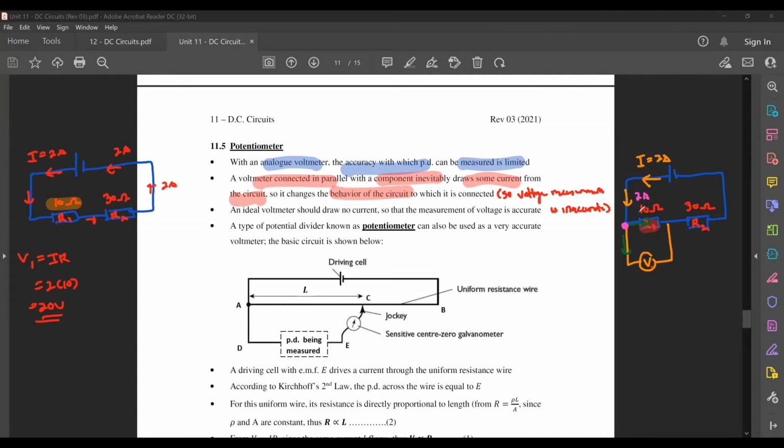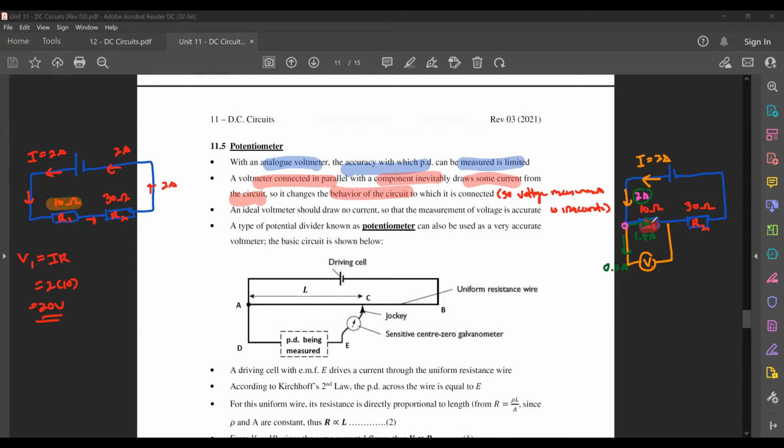It could be that maybe you have 1.8 amps here, and 0.2 amps here. But the fact is that putting the voltmeter here has actually changed the circuit. You are changing the actual current flowing through your resistor.